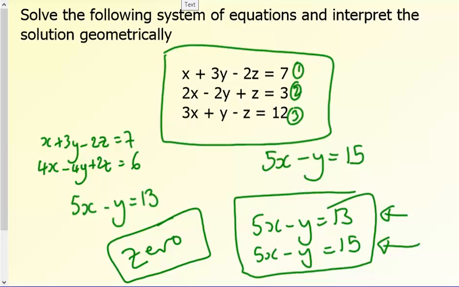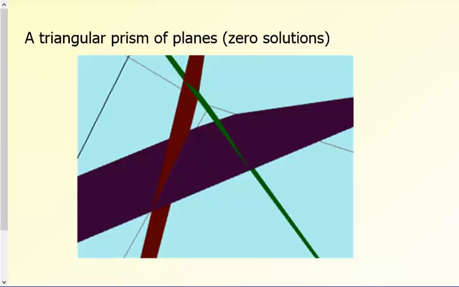If we look at the directions of these planes, the normal vector for this one is 1, 3, minus 2, this one is 2, minus 2, 1, and this one is 3, 1, minus 1. You can't take any two of those and find one of them to be a multiple of the other. In other words, the normals are not parallel to one another. So there are no cases where there are two, never mind three, of the planes parallel, so it must be the triangular prism of planes.